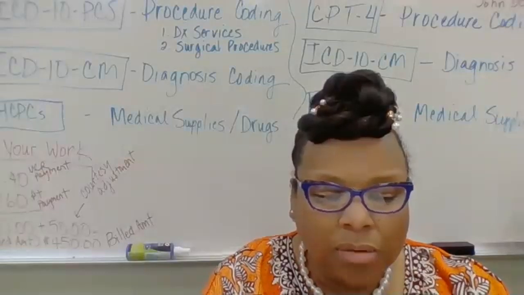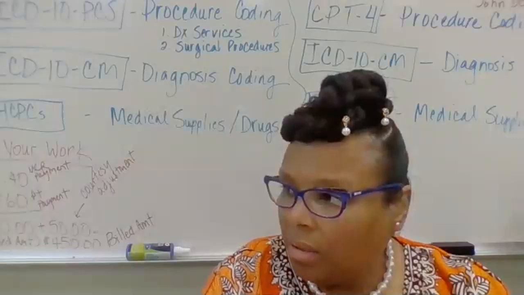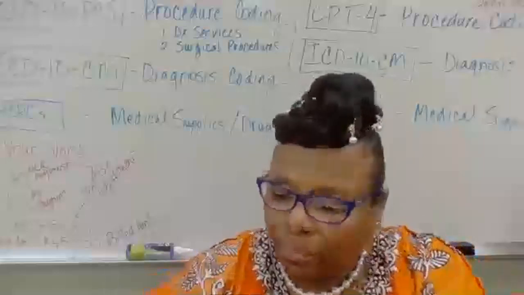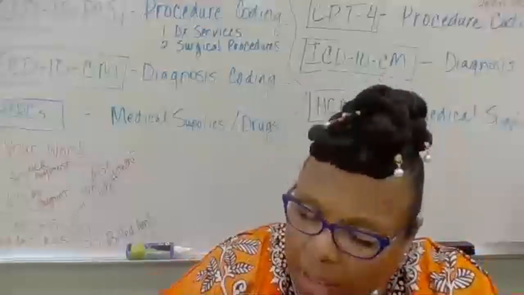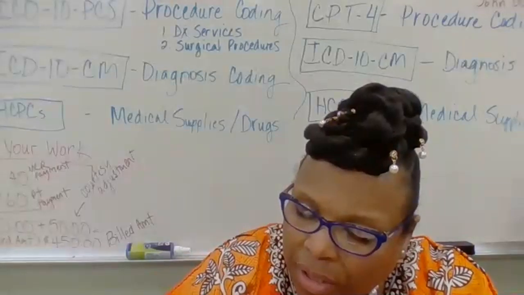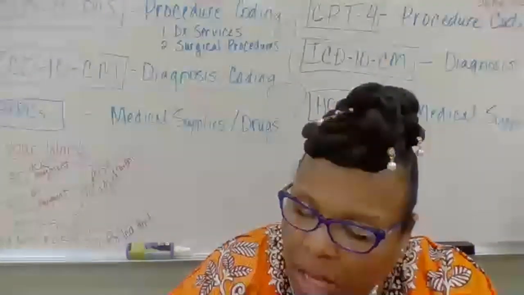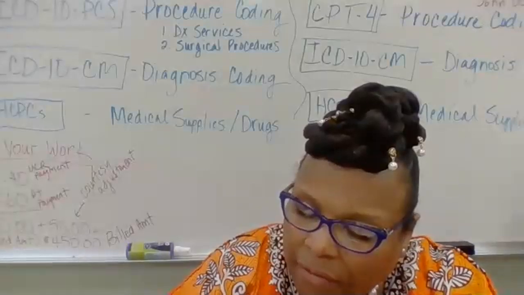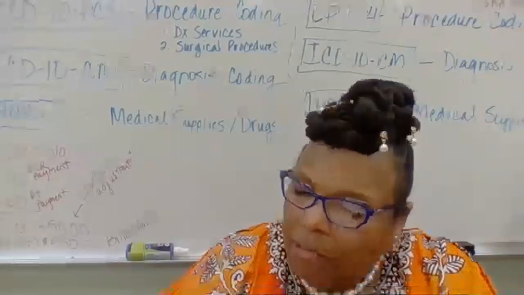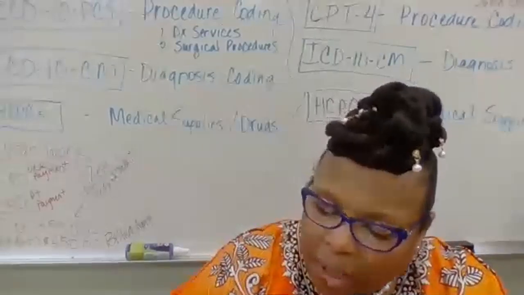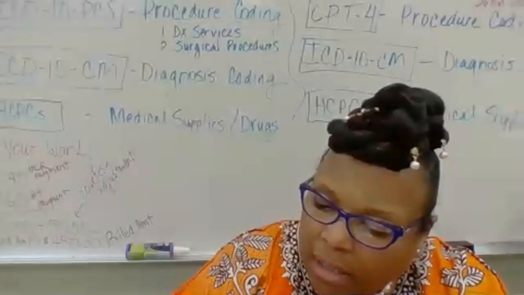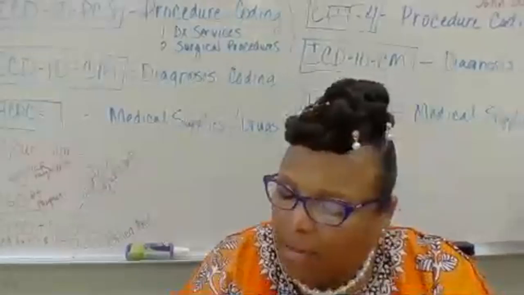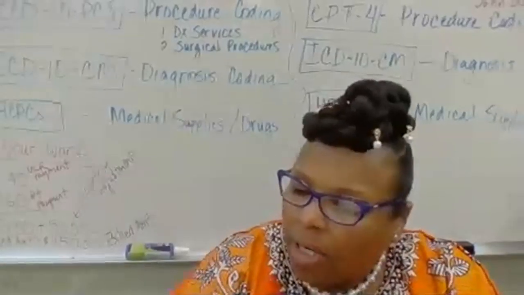But it's a good one. So the calculations you're going to always be engaged with are the allowed amount, circle that, and the patient responsibility. Those are some of your examples.